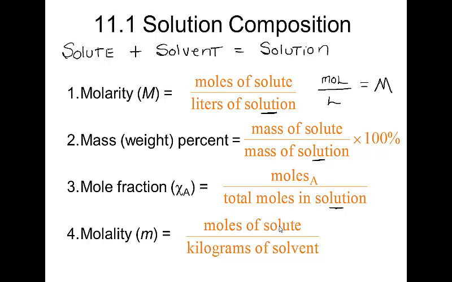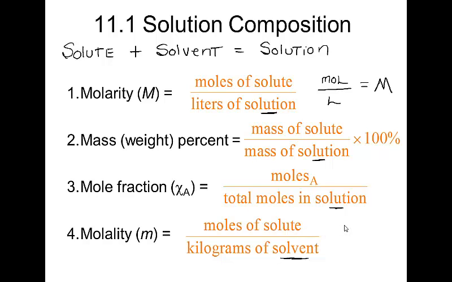It's moles of solute over kilograms of just the solvent. Solvent is not solution. Solvent is separate. It is a separate definition. Watch the definitions. And again, this is a computation with three variables.